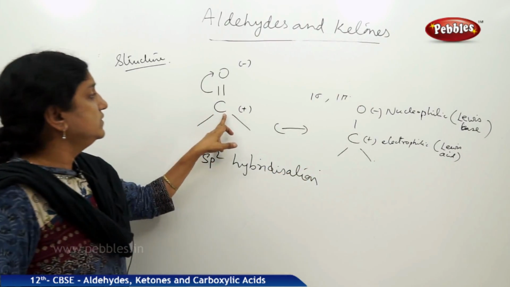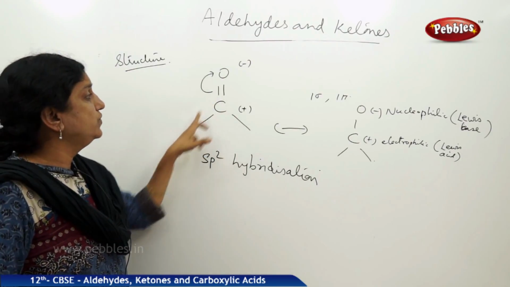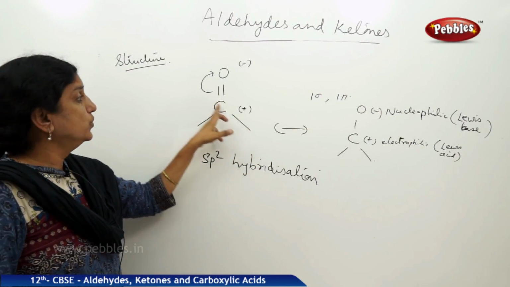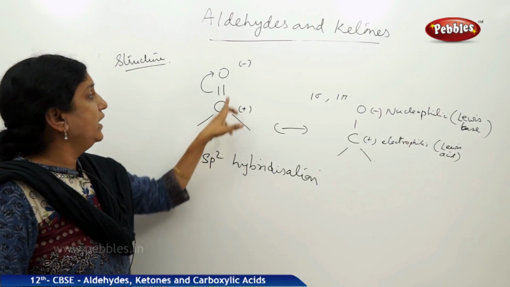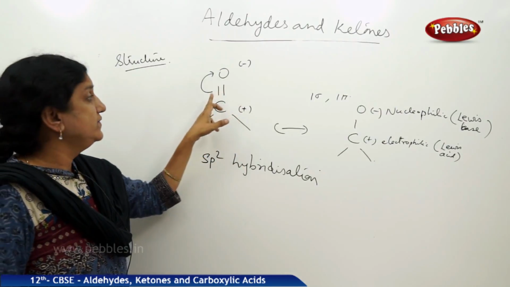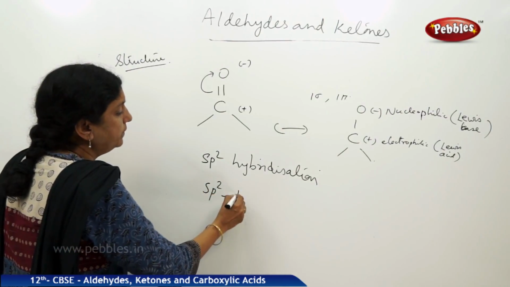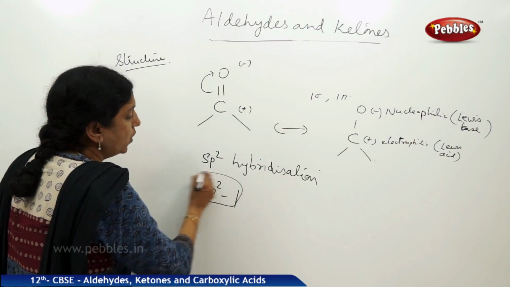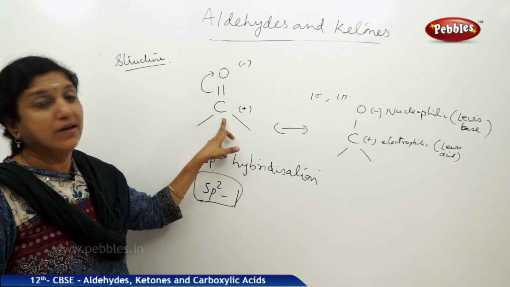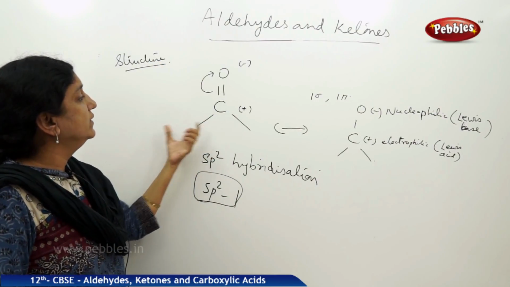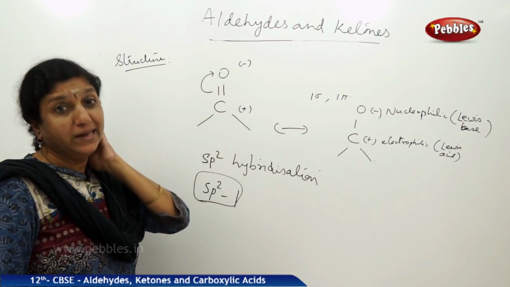That means this carbon is attached to 3 other atoms through 3 sigma bonds and 1 pi bond. Now, these 3 sigma bonds are formed by sp2 orbitals of the carbon overlapping with the orbitals of the combining atoms.